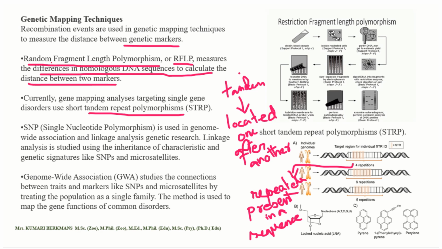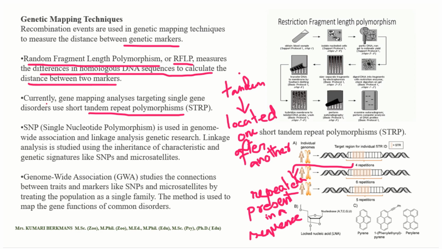Okay, so which method? Restriction fragment length polymorphism, or RFLP, which measures differences in homologous DNA sequences to calculate the distance between the two markers.